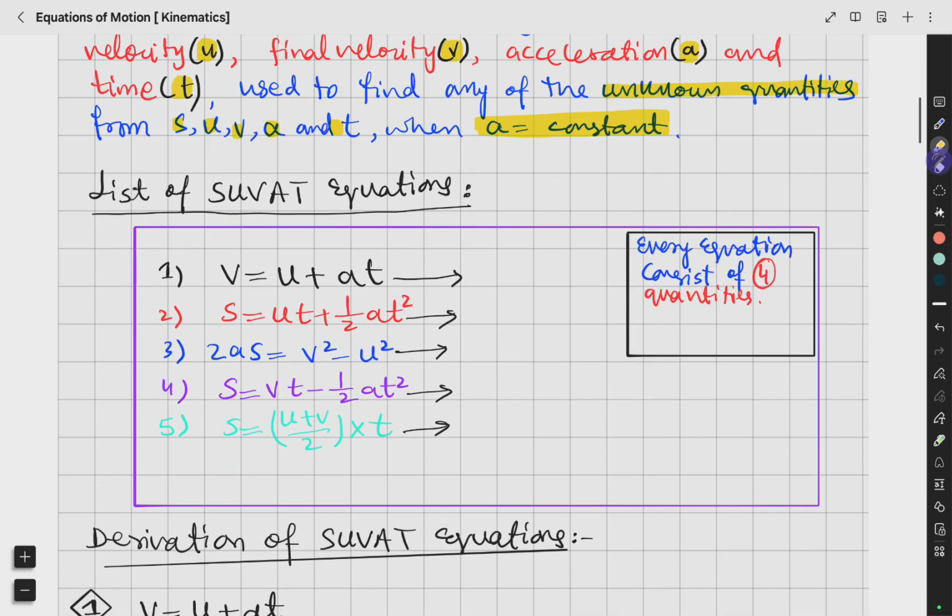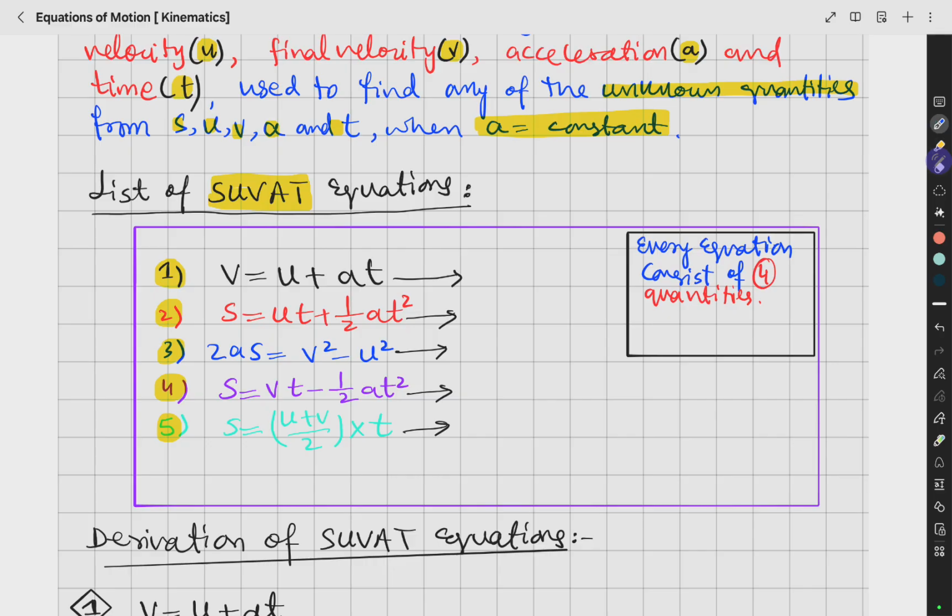So here is the list of 5 SUVAT equations. The first one is v = u + at. The second one is s = ut + ½at². The third is 2as = v² − u². The fourth is s = vt − ½at². And the last one, from average velocity, is s = ((u + v)/2) × t.